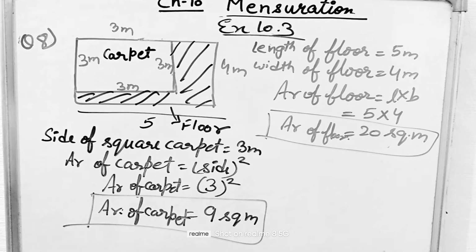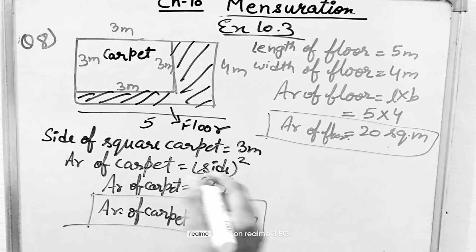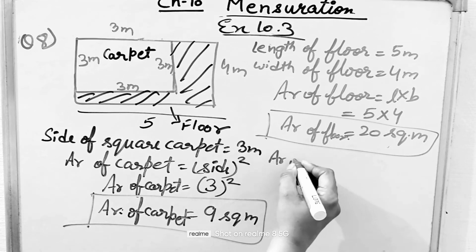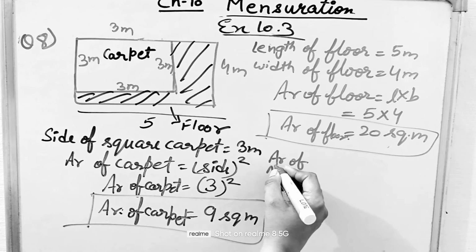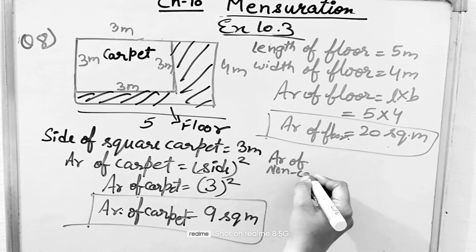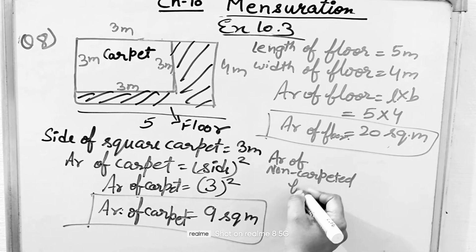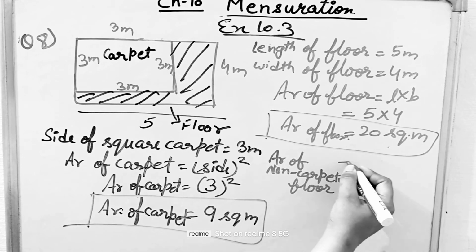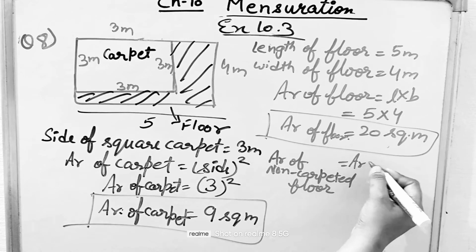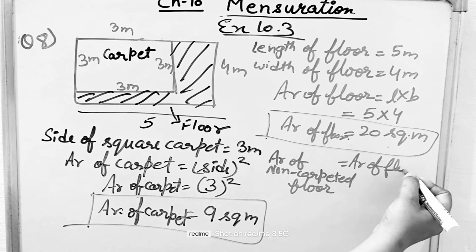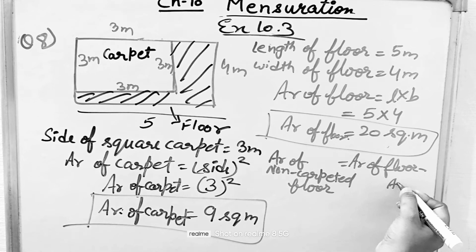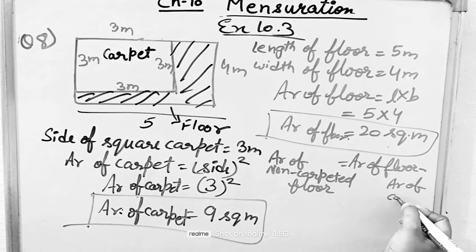Now we can find area of non-carpeted floor. Area of non-carpeted floor is equal to area of floor minus area of carpet.